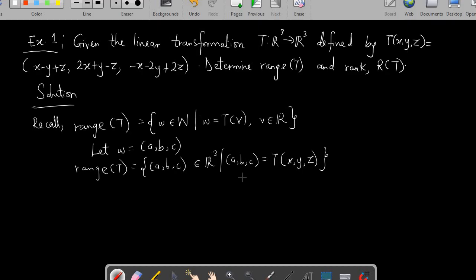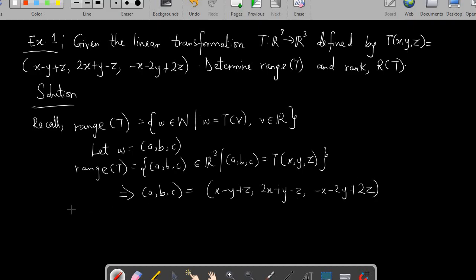But don't forget that ABC equals T of X comma Y comma Z already implies that ABC itself is equal to the equation given to us, I mean this coordinate system you have here. So ABC is equal to X minus Y plus Z, 2X plus Y minus Z, and minus X minus 2Y plus 2Z.